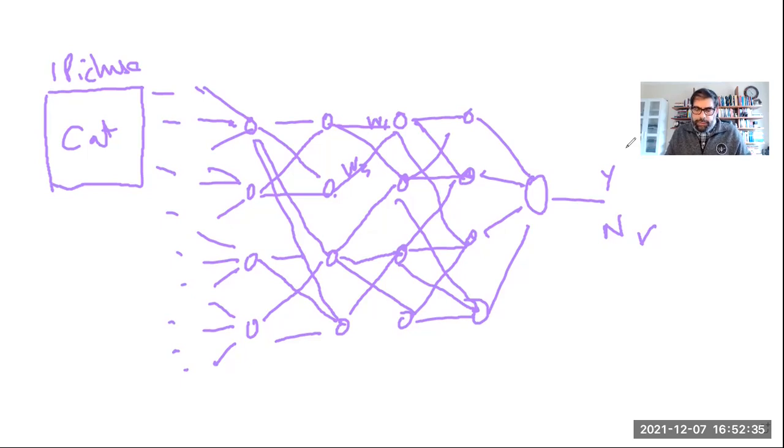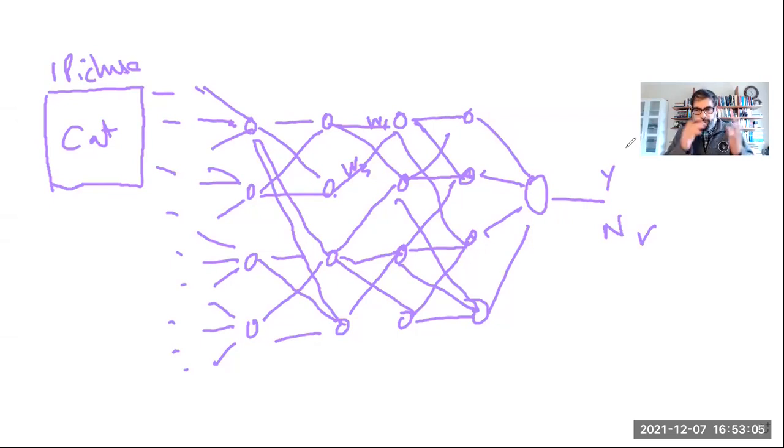So the computer will try to remember which weights normally produce the right answer, and it will keep refining those so that they become more and more accurate, and over a period of time it will become quite expert in recognizing pictures of cats, although all these pictures are different. So this is how neural networks actually work in real life.